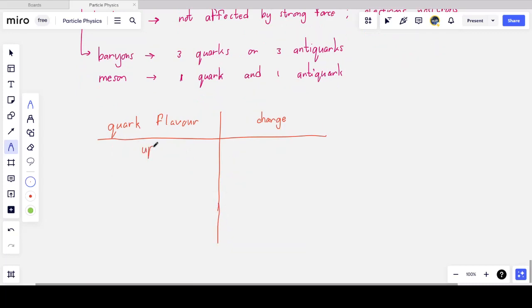So what we found, although in batches, is that there are 6 quark flavors, and they are up, down, strange, charm, bottom, and top.